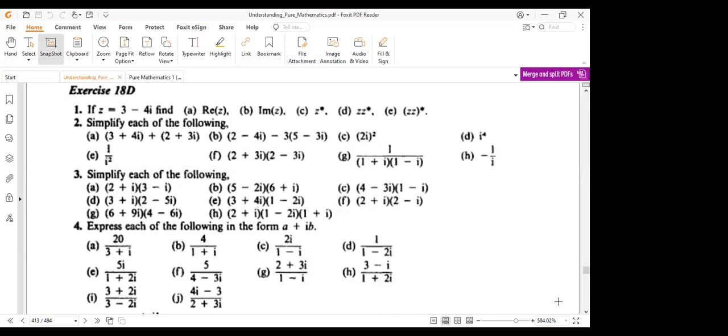I can see Z conjugate, I think. Okay, I've seen. You can scroll.